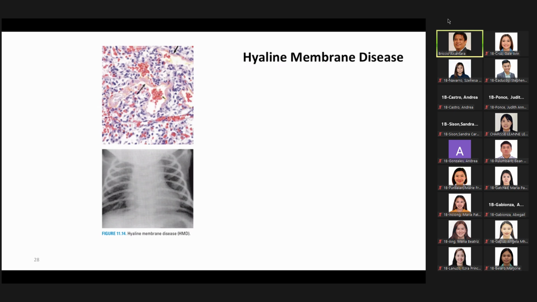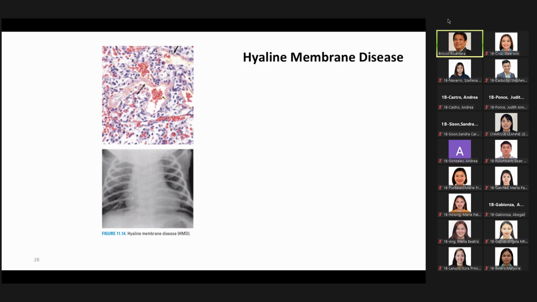And this is prevalent. Your HMD is prevalent in premature infants. It accounts for 50% to 70% of deaths in premature infants. And this is also seen in infants of diabetic mothers, infants who experience fetal asphyxia, or maternal-fetal hemorrhage.